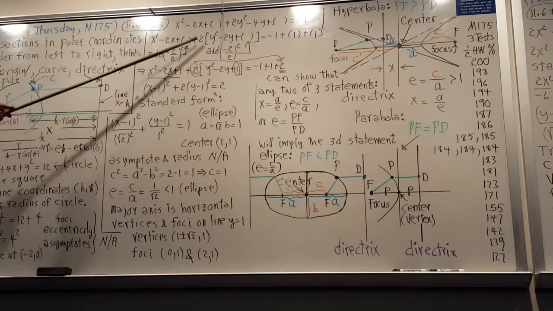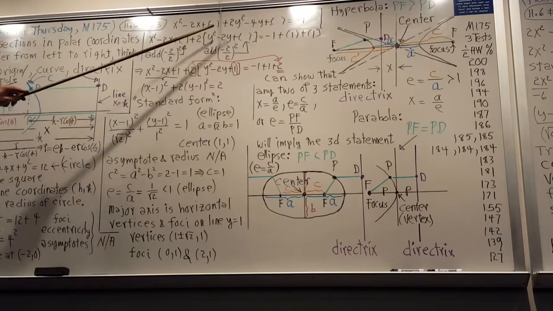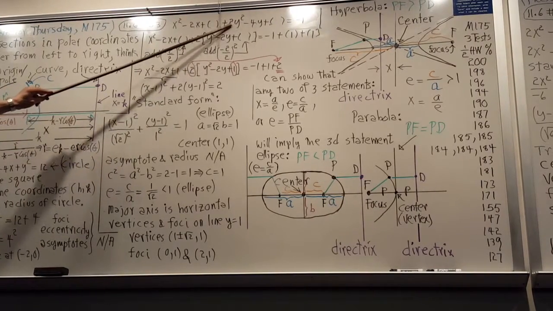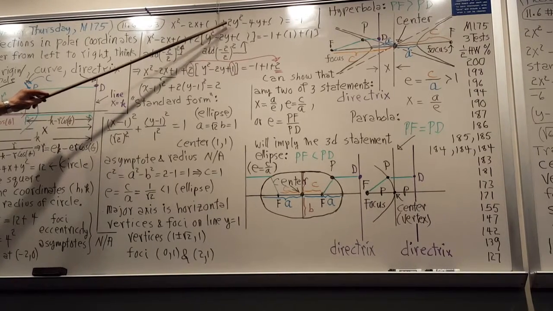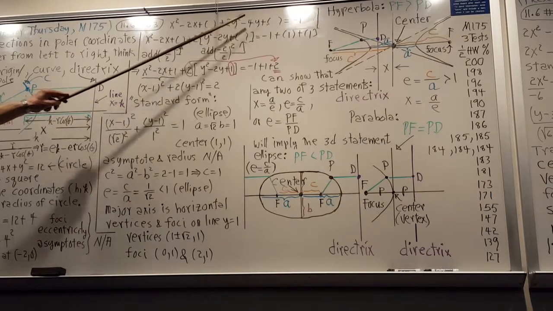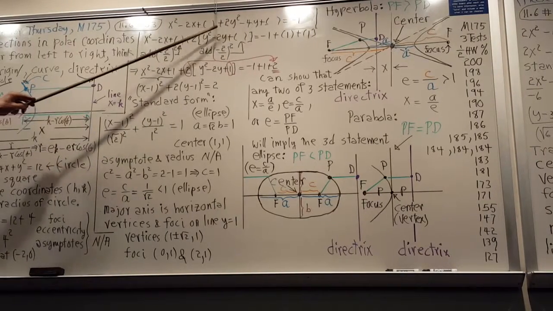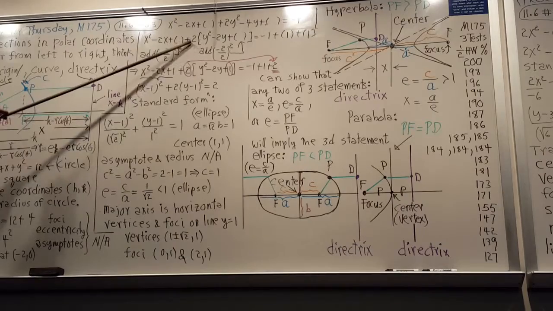Then with this one, when your coefficient on the square is something else besides plus 1, what you want to do is factor whatever this is from your square term and your first power term. So I factor the 2.